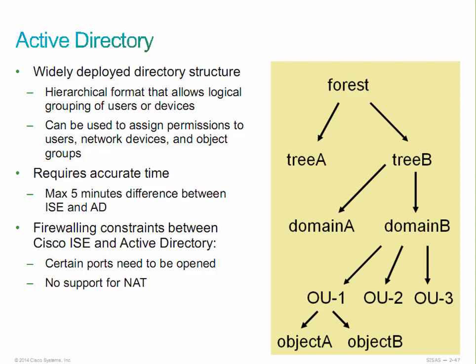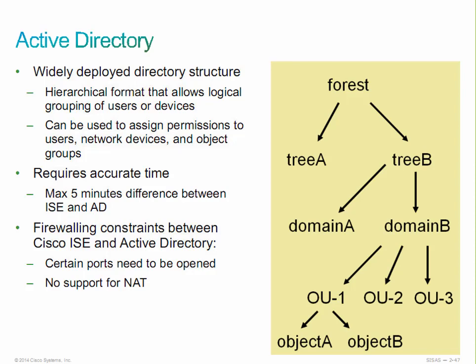So the book breaks it down a little bit into a basic concept, right? An object is an object in Active Directory, like a user, a client, a PC, a printer, etc. The organizational unit is a logical grouping of objects within the domain, and they're organized based on their network design.